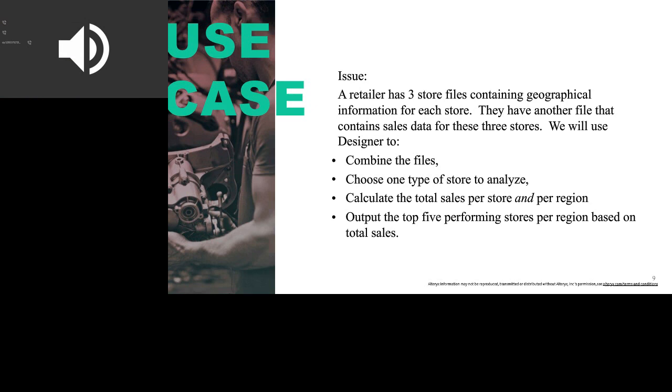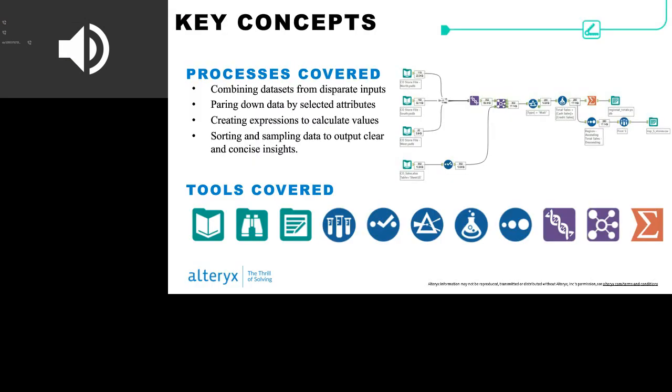Let's just see. Well, about the processes we covered, again, we combined data sets from disparate inputs. That's something that happens all the time for everybody of us. We pare down data, selecting attributes that are matching between them.